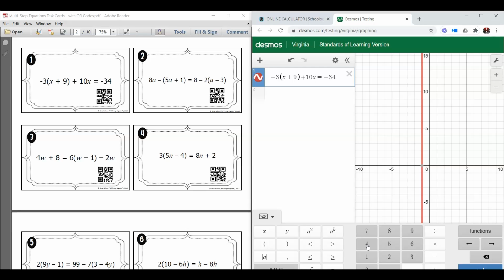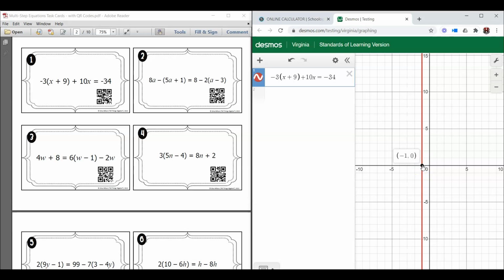Now, what you'll notice here is that after I get that equation typed in, on my screen, I see this red line. Okay, so what I'll do is I'll come right here to where that line crosses the x-axis and click, and you'll notice that it gives me an ordered pair. I get -1 as my x value and then 0 as my y value.